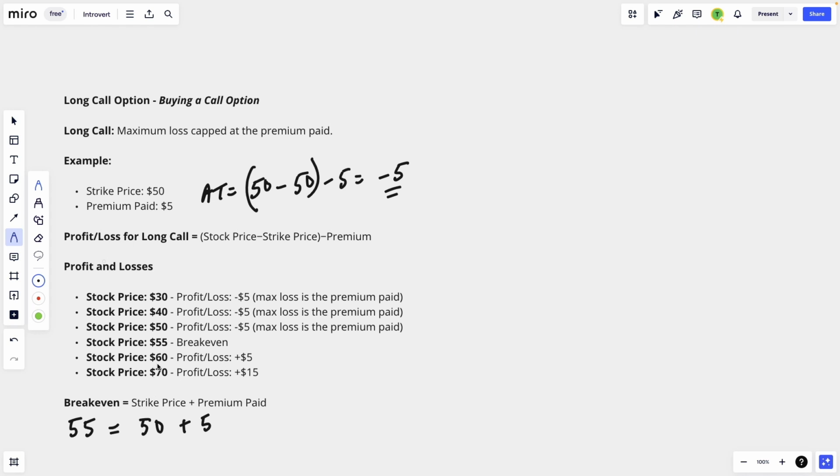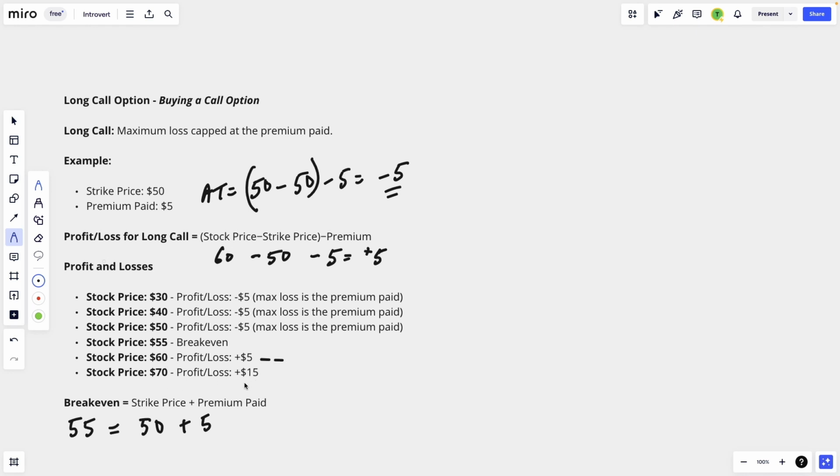And then if we move on to $60, now the stock price is rising, we've got some profit here. $60 minus the strike of 50, so we're up $10 there, but we paid $5 premium. So we are up $5 for this particular stock price. Now it's $70.